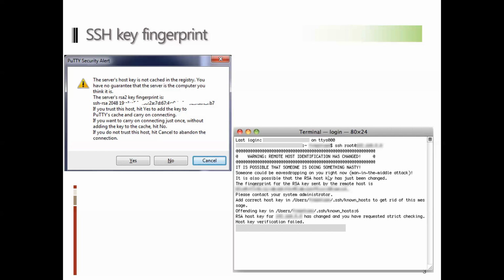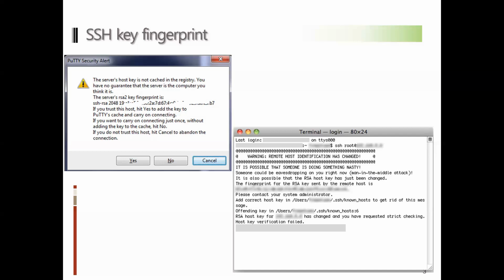Another possibility is that the administrator of the server decided that the previous public key was reused too many times, and to enhance the security, the administrator might renew the public key.